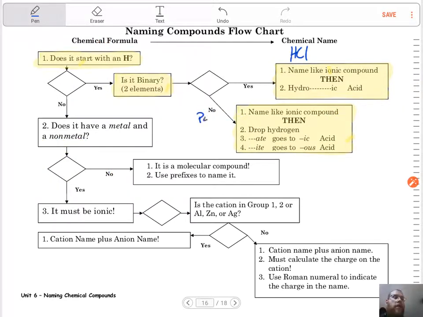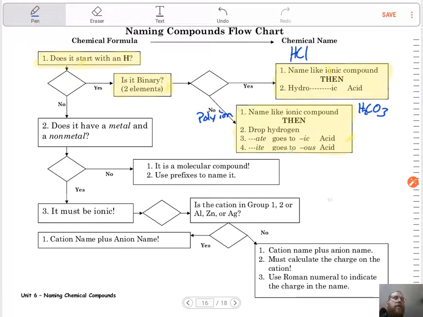It means you have a polyatomic ion in there. So something like carbonate, H2CO3. Again, these are all in your reference table, so you're probably not going to have to know how to do this, but for those of you who are curious and want to know, I'm giving you the rules here. So H2CO3, it would be hydrogen carbonate.